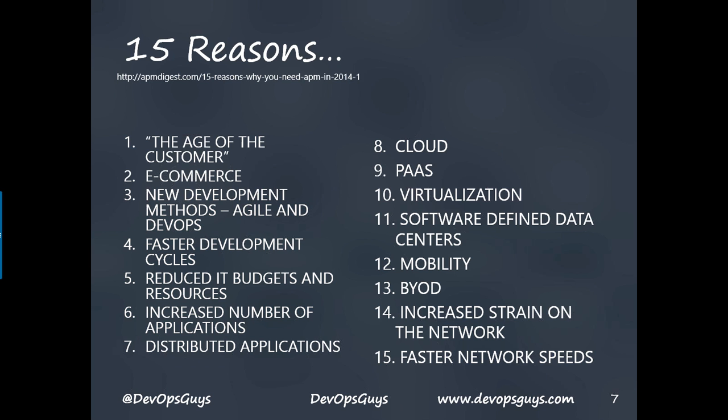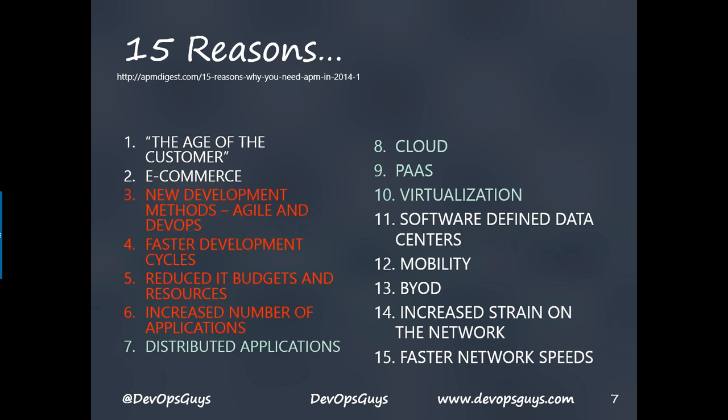So according to the APM Digest, there's 15 reasons why you need APM in 2014. You can see all of those there. I kind of grouped them together into 3 major areas. I think this is stuff that's all about agility. It's all about getting products to market faster, doing more with less, and people wanting to do more and more faster.